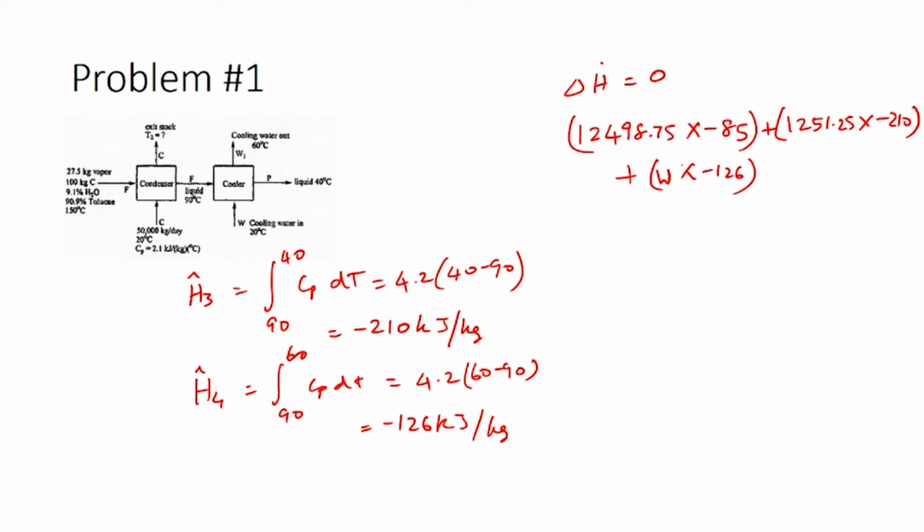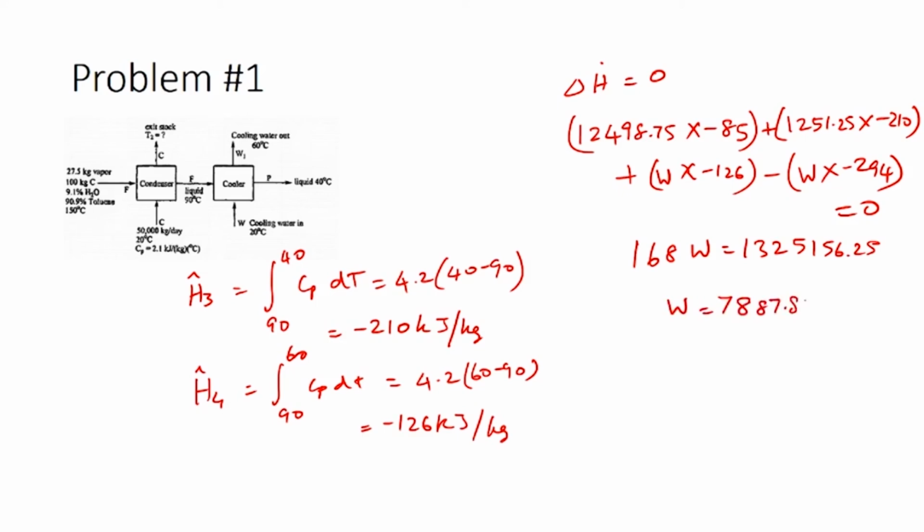So, these are the enthalpies for the outlet stream, and for the inlet stream you only have the cooling water which is entering. So, which would be minus W times minus 294, this is equal to 0. So, this equation can then be simplified to get 168 W equals 1325156.25 giving a value for W as 7887.8 kilograms per day.